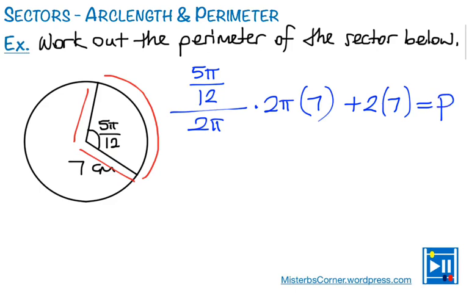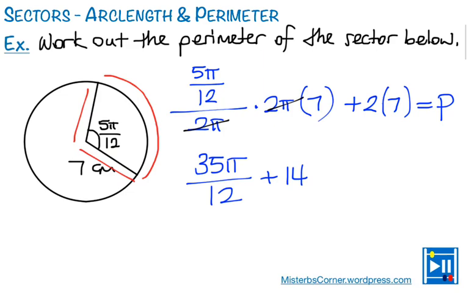Now, here I can cancel out 2 pi's, so I have 5 pi over 12 multiplied by 7, and I have 2 times 7 here, so this will be 35 pi over 12 plus 14.